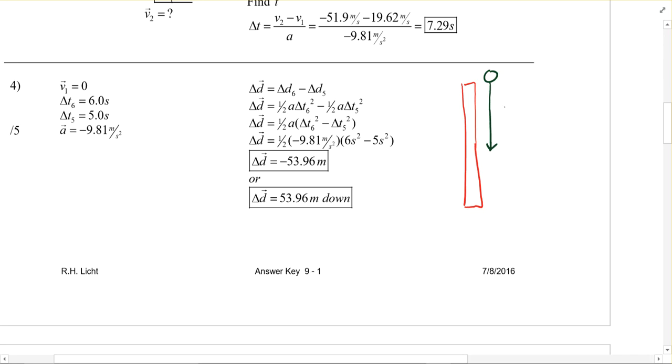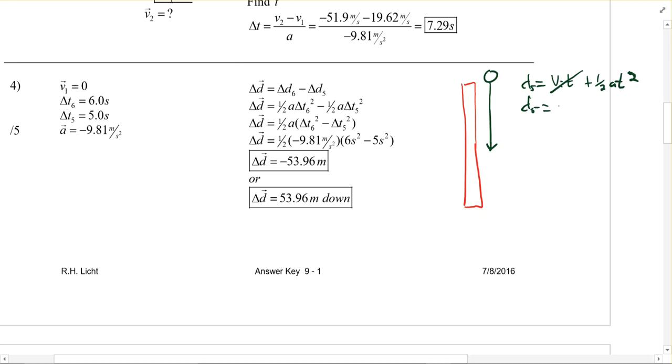So what I'd do is figure out for part 1, I'd say D is equal to VI T plus 1/2 A T squared. And VI, remember, starts at 0 because we're dropping it, so that goes away. So for D, I'm going to put D5 for 5 seconds.